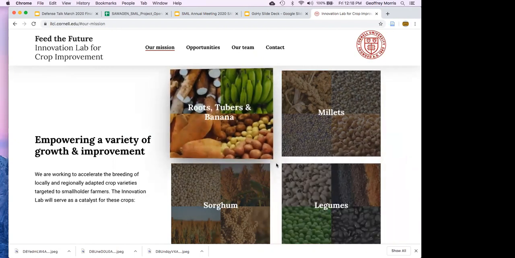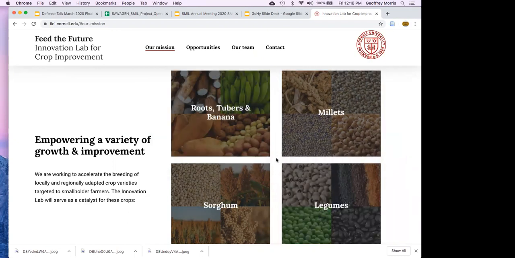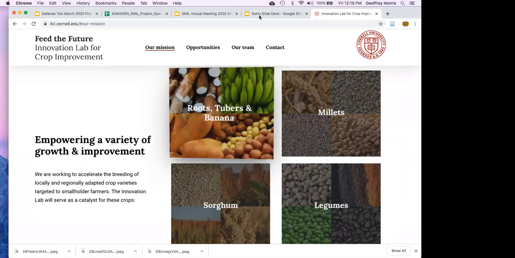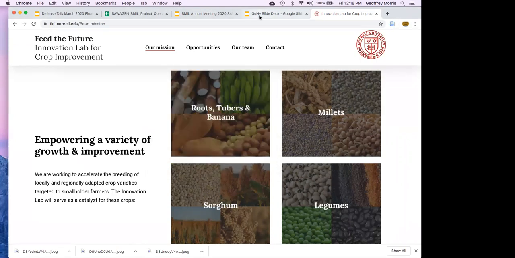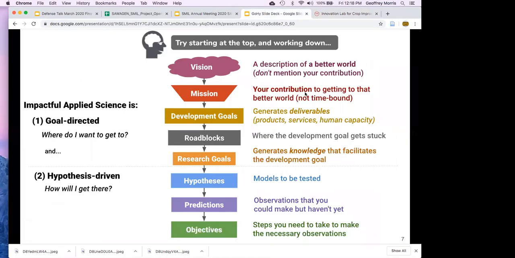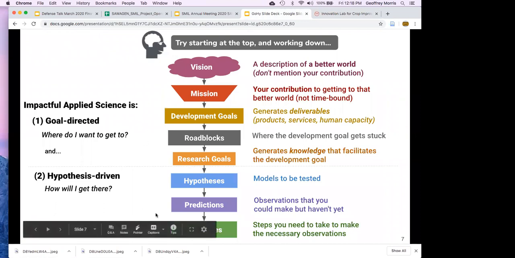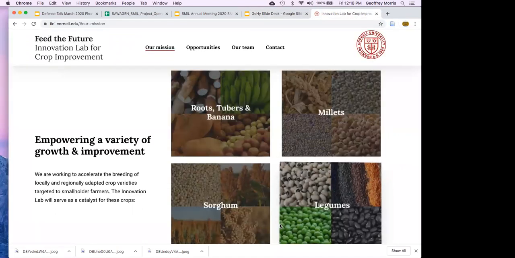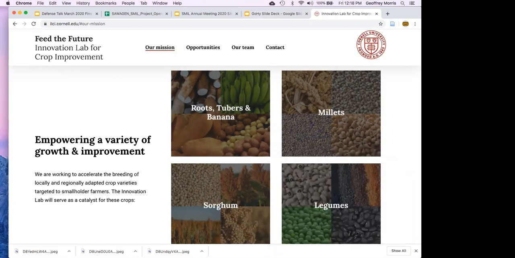Steve Krasovich is the director, who is my former postdoctoral mentor, and Jesse Poland is a co-PI along with me. Conversations with Jesse are how I developed this Go High training material. So yes, we'll be scaling up, and I'm very excited about that.